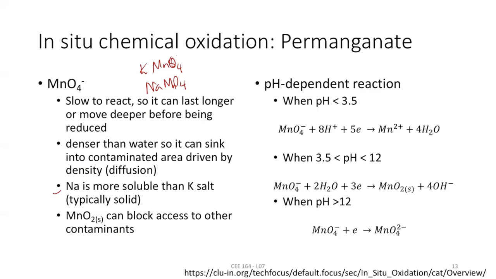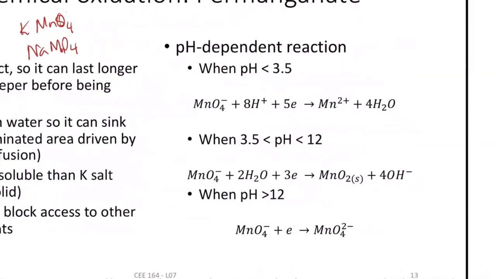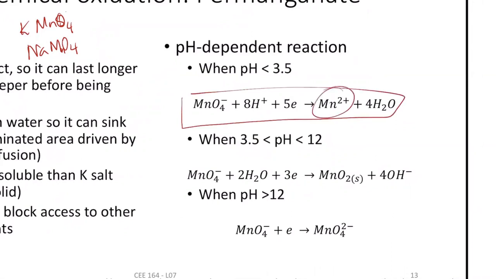But as you see over here, these are the different equations that are possible at different pH. Groundwater pH can vary from around 3 all the way to 10. If your soil is very acidic, at pH less than 3.5, which is very unusual, this is the reaction. Manganese will produce Mn2+.